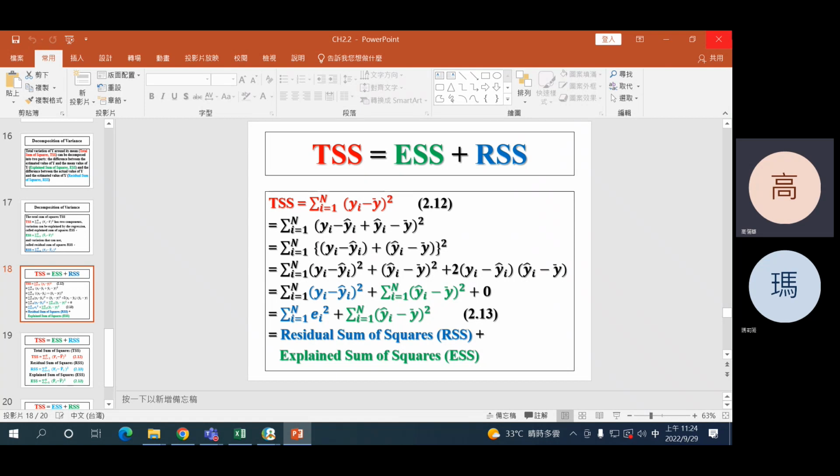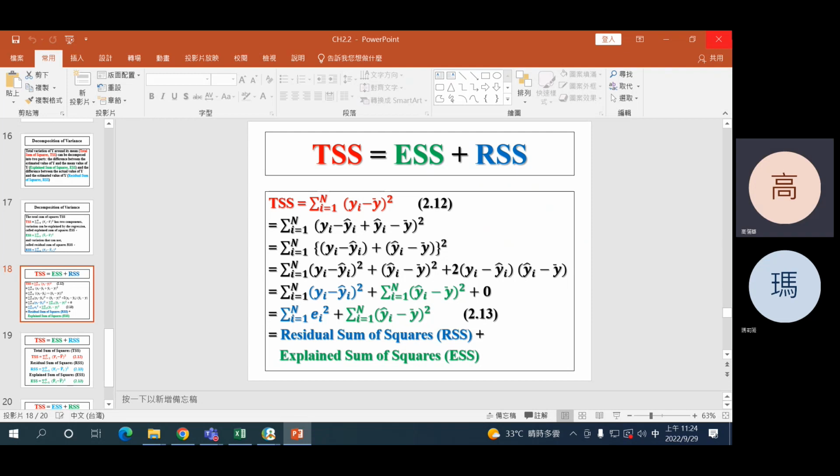And what's the purpose of OLS? The purpose of OLS is to minimize the RSS, isn't it? Right? So we can calculate the TSS, and we know the TSS can be decomposed into these 2 parts. OLS is trying to minimize this one and maximize this one.